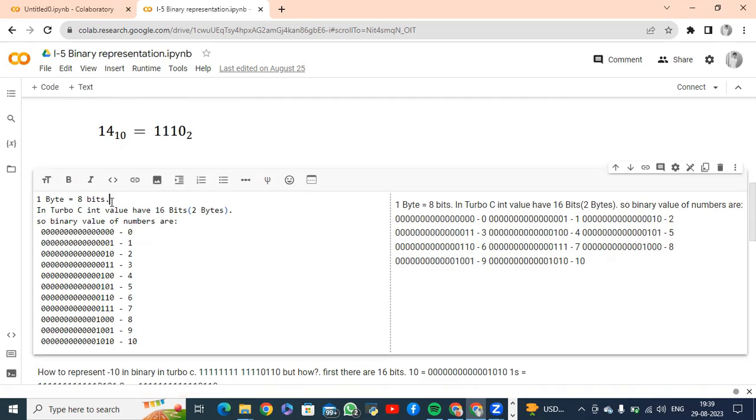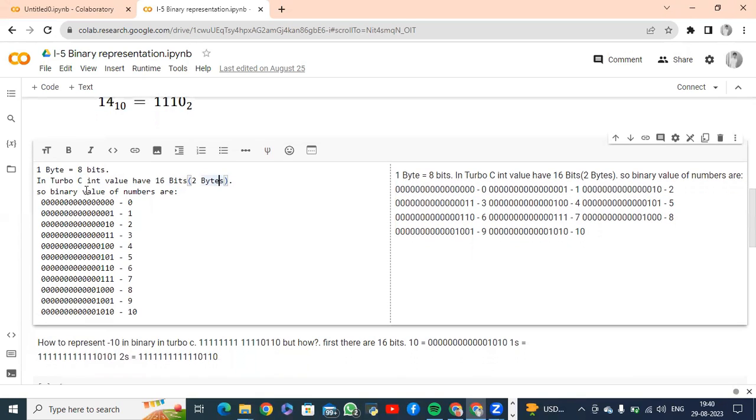So if we have 8 bits, it is equivalent to 1 byte. In Turbo C, we have some data types like integer, float, double, and so on. In that, an integer value has 16 bits. It means 2 bytes, which have either 1 or 0 in 16 distinct places.